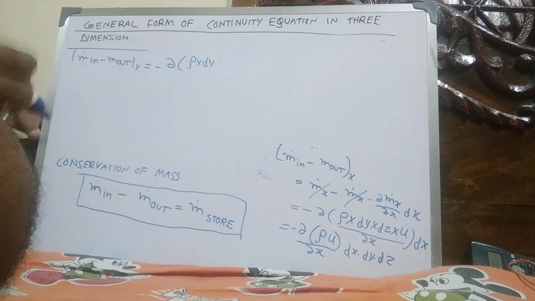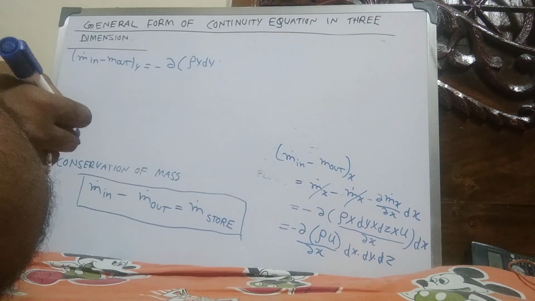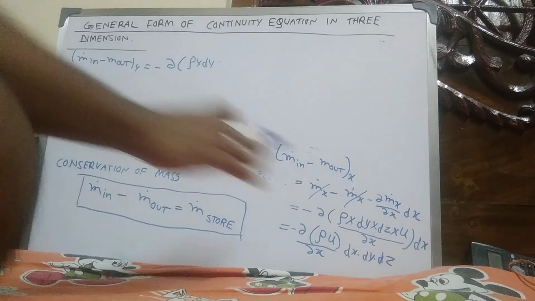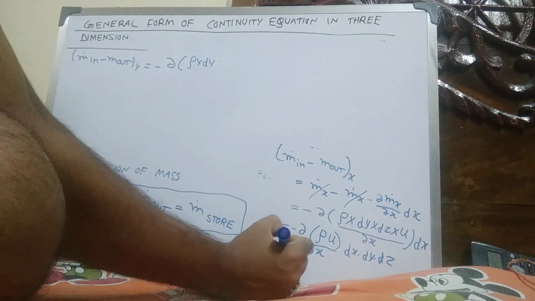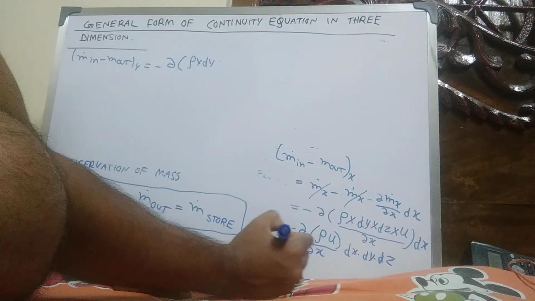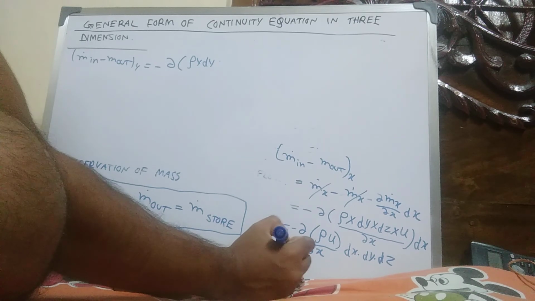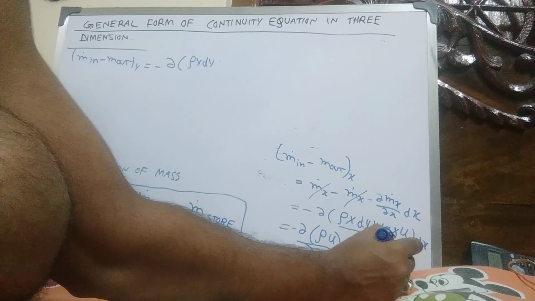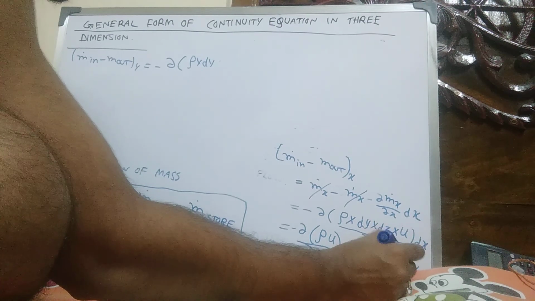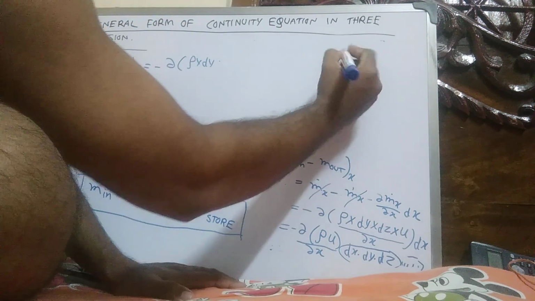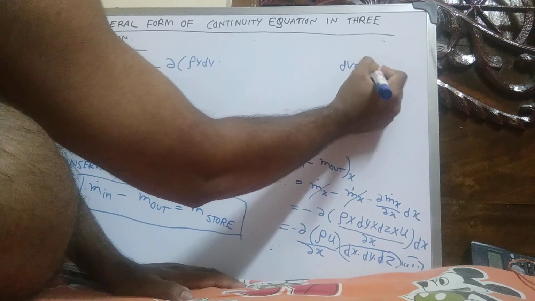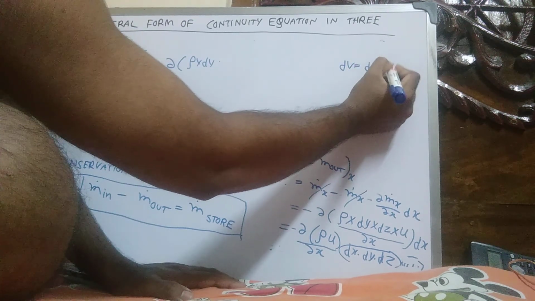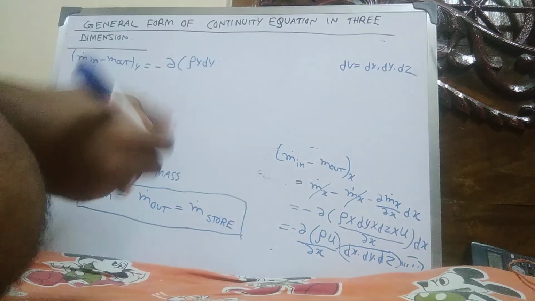You can write this as volume dv, where dv equals dx into dy into dz of this element.